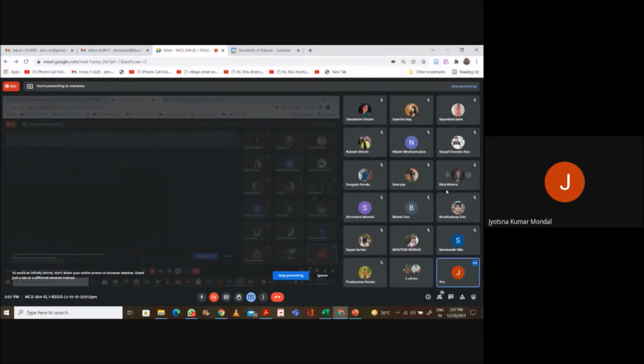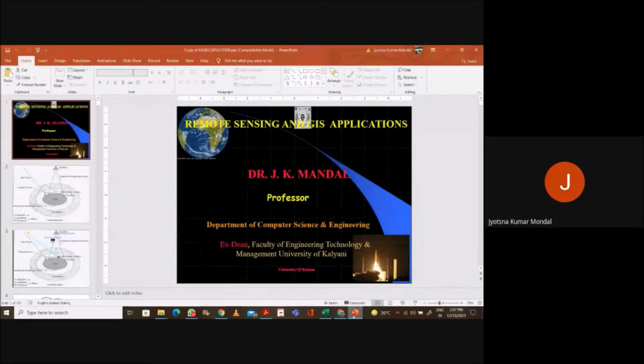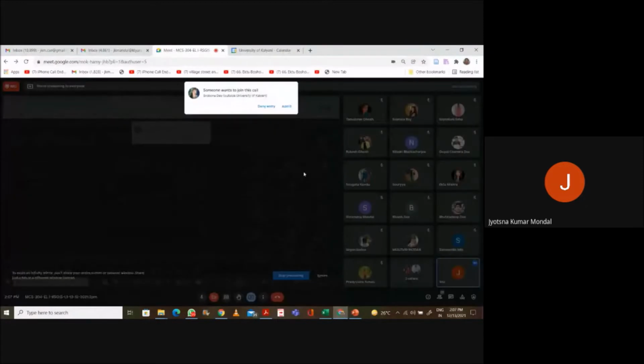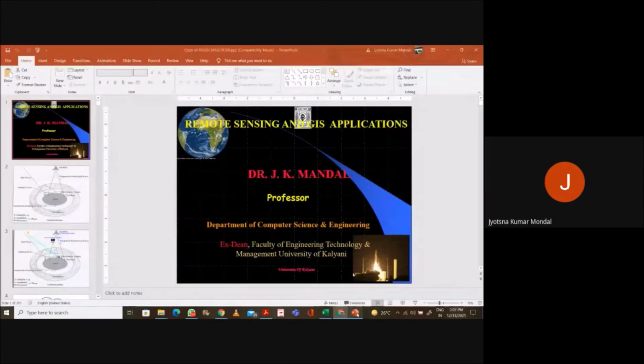Because whatever analysis we are doing or the design technology we are using, basically we are using the remote sensing image and data, and based on that we are analyzing all the information and taking various types of decisions.